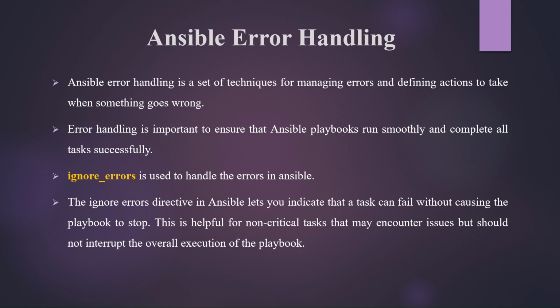While creating the EC2 instance, if we get any trouble and we mention ignore errors, it will ignore the EC2 instance part and jump to the IAM role. So that's how error handling will work. I'll show you how to configure those things.